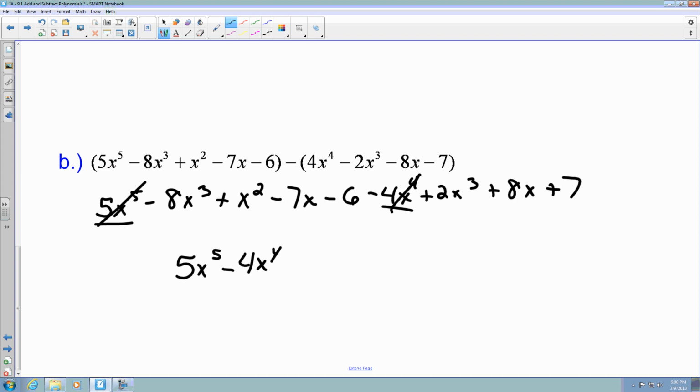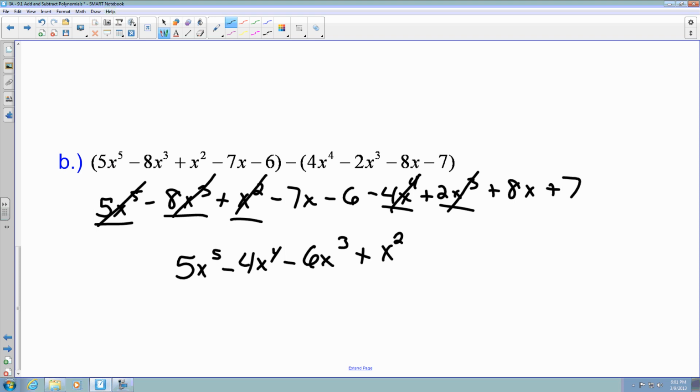Cross that out. I got x cubed here. I have x cubed here. So that would give me minus 6x cubed. Cross that out, cross that out. Squared. I have no other squared values but that, so I just leave it as x squared here.